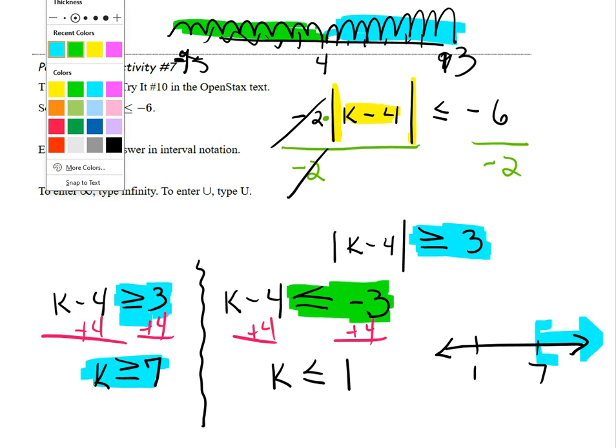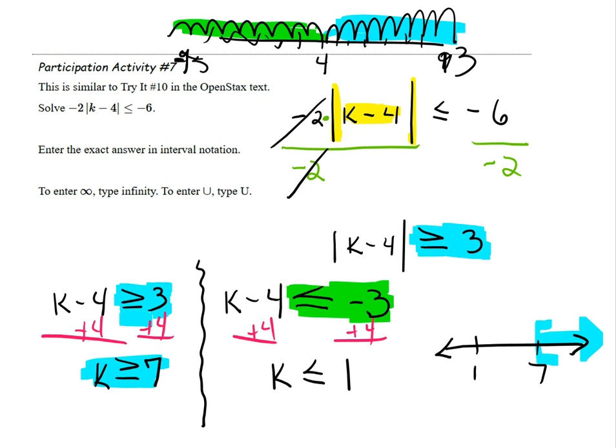For the green one, I would have k is less than or equal to 1, so I'd have a bracket here but going to the left. These two do not overlap each other at all. So this is an OR situation.